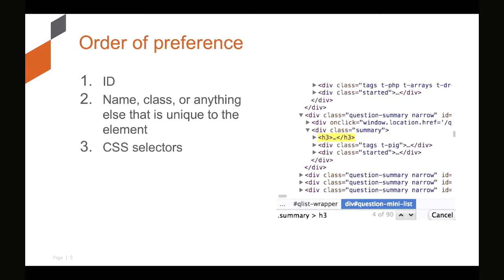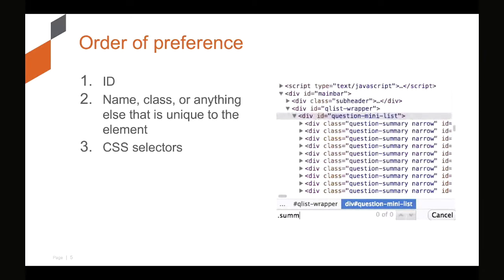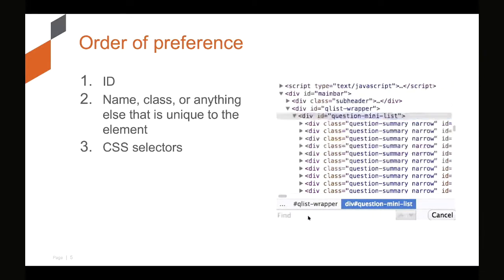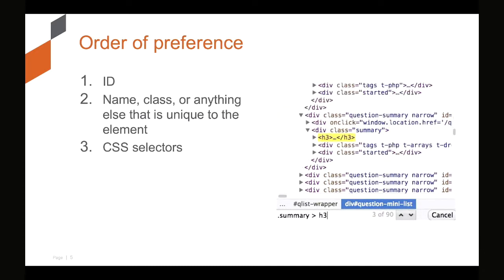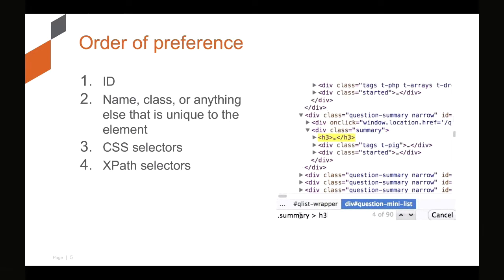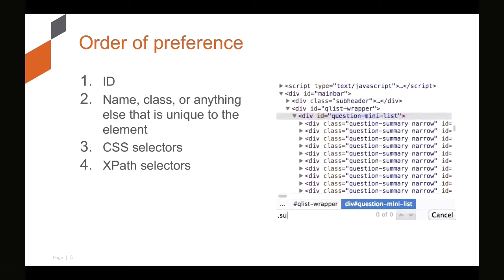The next comes CSS selectors. They're a little more complex than just identifying it using a singular attribute. They are usually a combination of attributes like class name or maybe even some hierarchy of the elements of the DOM. And the final one in the list would be XPath selectors.